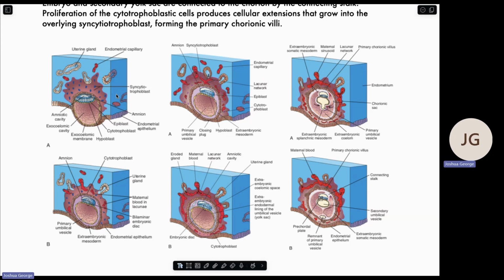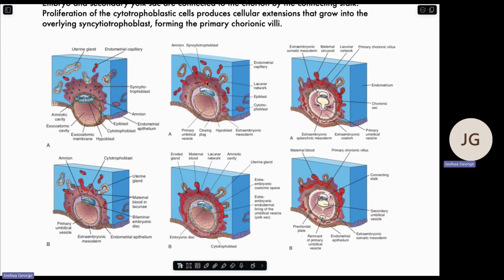The hypoblast cells also tend to migrate downwards towards the primary yolk sac. Right, so the primary yolk sac is what forms the extra embryonic mesoderm that's present on the outside of the blastocyst. Okay.